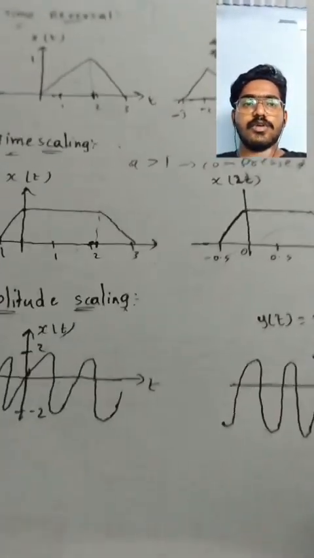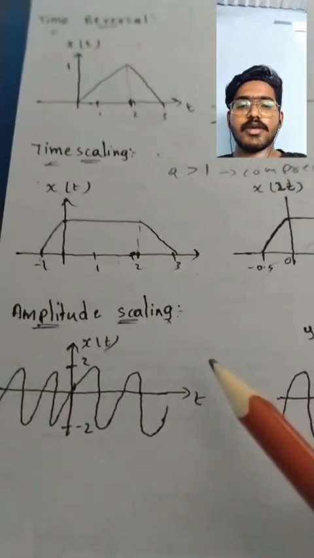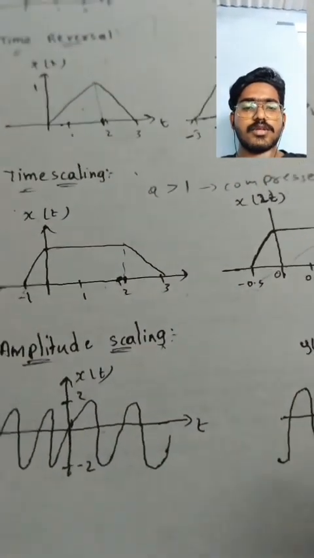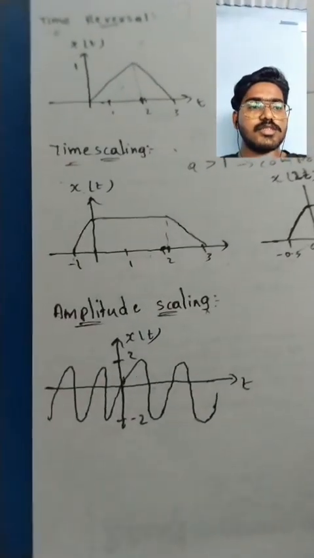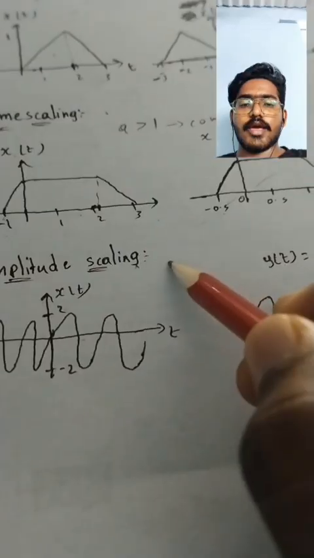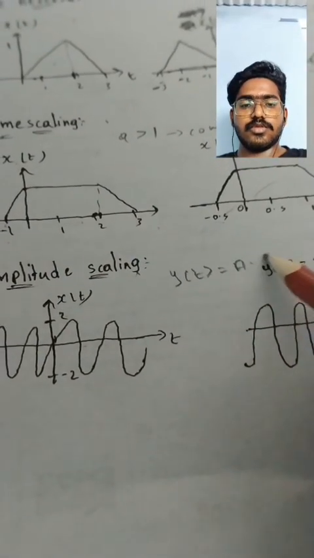Now we head to the amplitude domain. In amplitude domain, amplitude scaling happens. Amplitude scaling means changing the signal's magnitude. We represent it as y of t is equal to a into x of t.